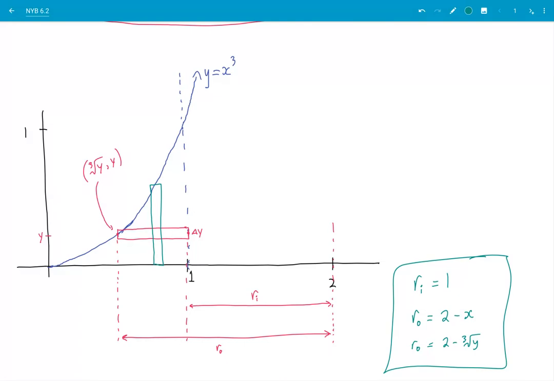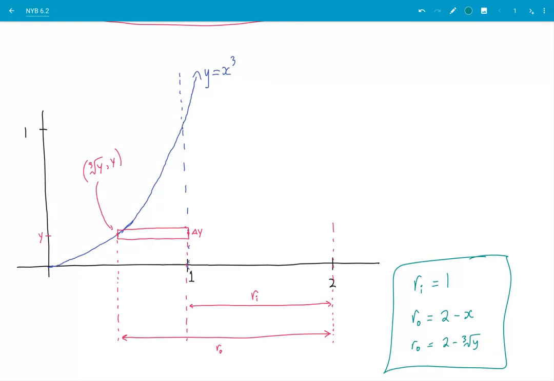Now, there's nothing wrong with that, but that's what we would do in 6.3, but not in 6.2. So in 6.2, when we rotate a rectangle, we want it to be a disc or a washer. No cylindrical shells.